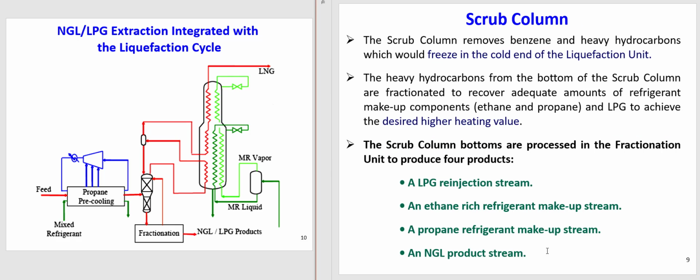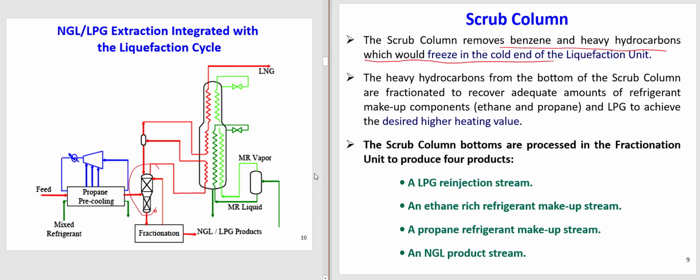Next, the scrub column, this one here. This column is also a very important piece of equipment. What it does is remove benzene and heavy hydrocarbons that would freeze in the cold end of the liquefaction unit. So this scrub column removes heavy molecules like benzene and those heavier than methane.